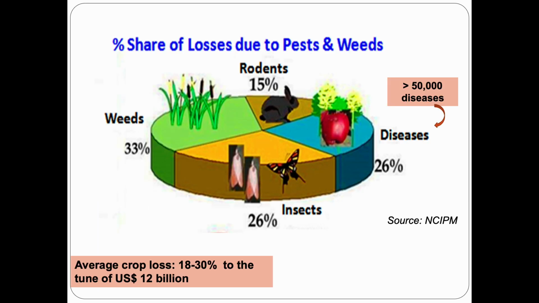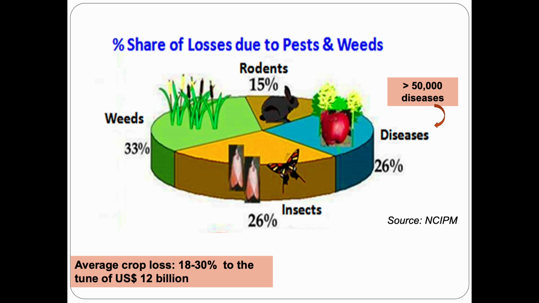So we have to understand what is the share of the loss due to pests and weeds. Pests include diseases as well as insect pests. Here, out of all these factors, the loss due to disease is about 18 to 30%, to the tune of around $12 billion.